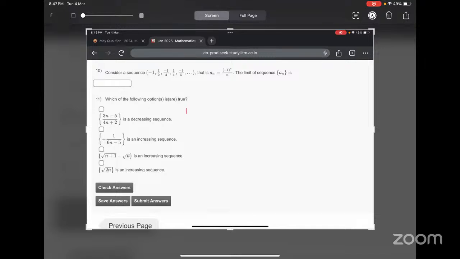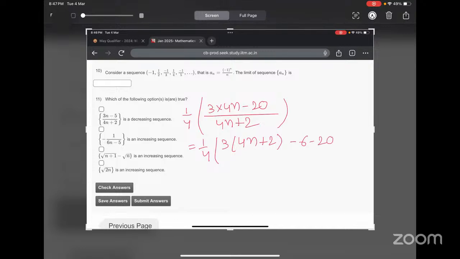That means 1 over 4, 3 into 4n minus 20 by 4n plus 2. Then 1 over 4, 3 into 4n plus 2 means plus 6 will be there. So minus 6 we have to do and minus 20 we already have, right? So it is balanced.